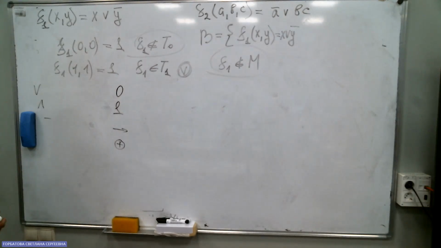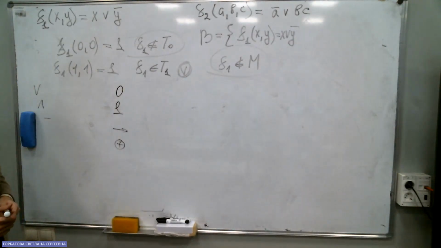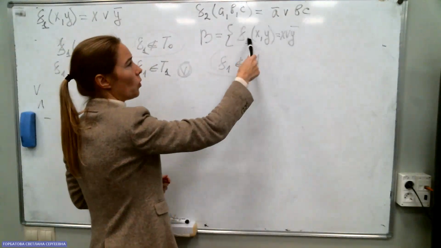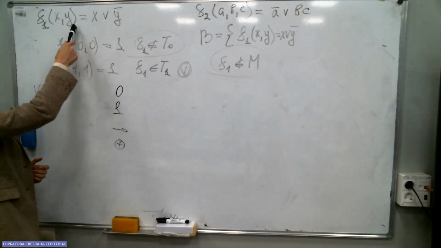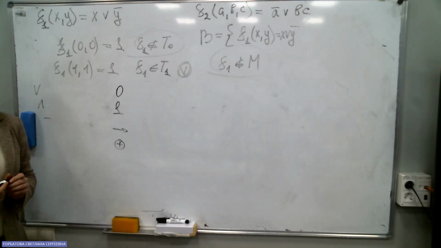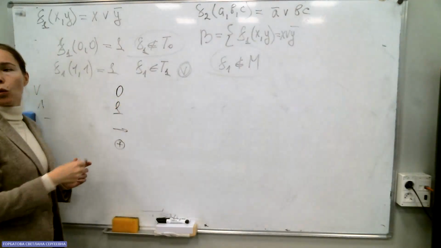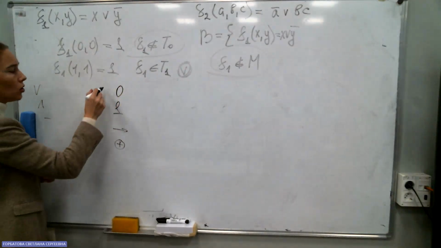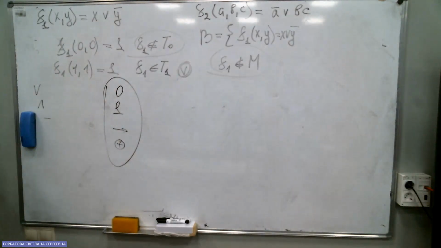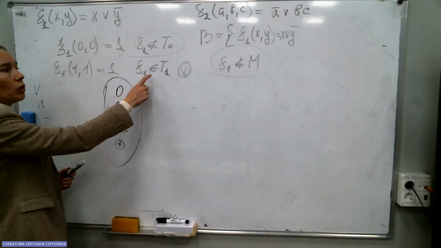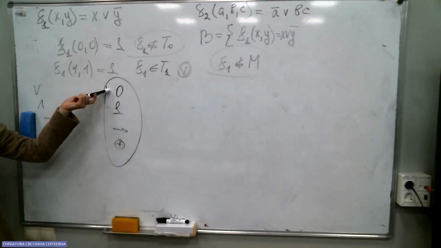It is the second step. So we need to get a basis. We checked our function for 5 classes and found that this function doesn't belong to each of 4 classes, but belongs to T1. So we need to find a function or functions which don't belong to T1. Let's check. Does it belong to T1?